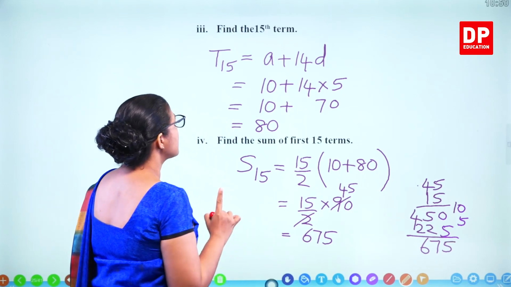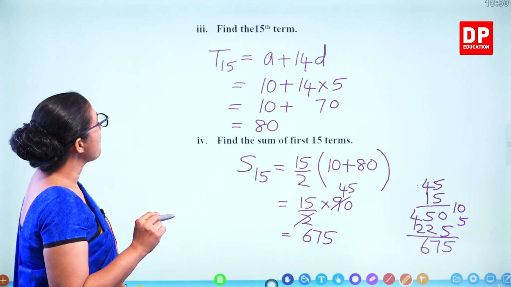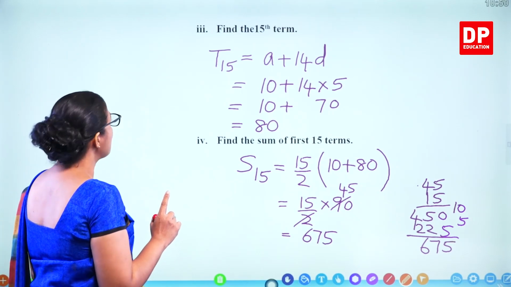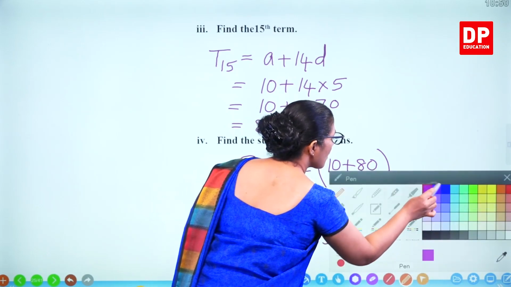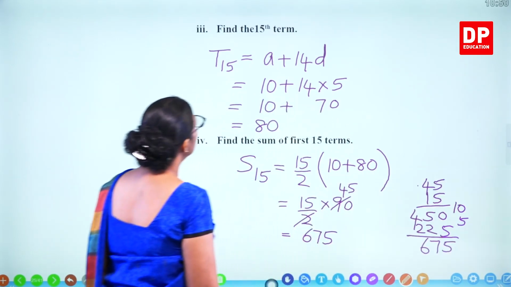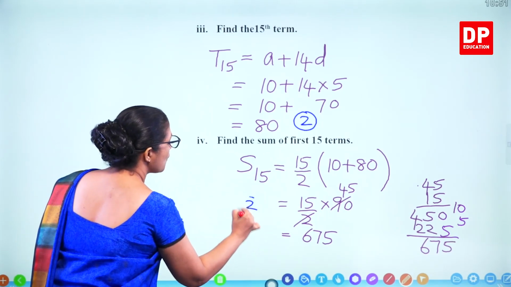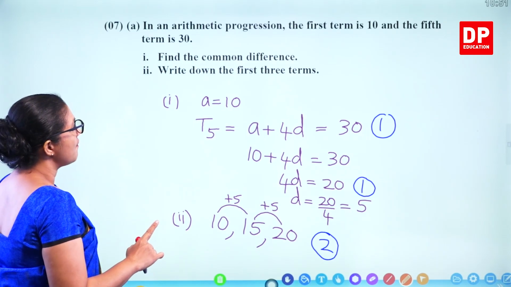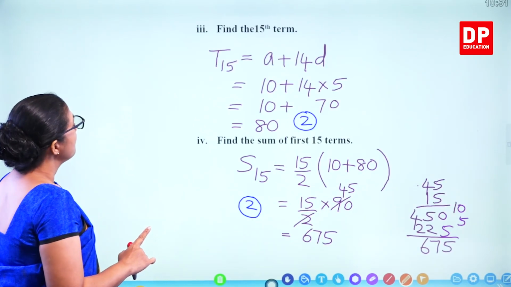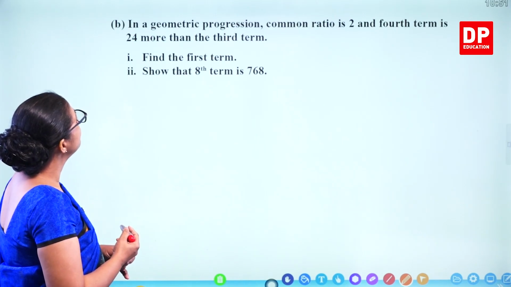So that's the sum of first 15 terms. So that's the first part. So we can give marks for this part, 2 marks for this and 2 marks for that. So 4, 5, 6, 7, 8. And the last part, part B.